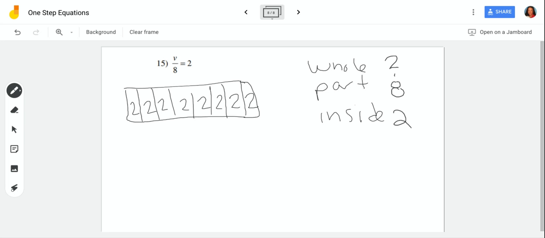So if we combine 2, 4, 6, 8, 10, 12, 14, 16, we know that we have 16. So the whole thing, this whole thing, V, is equal to the 8 parts times 2 in each part, which is 16.